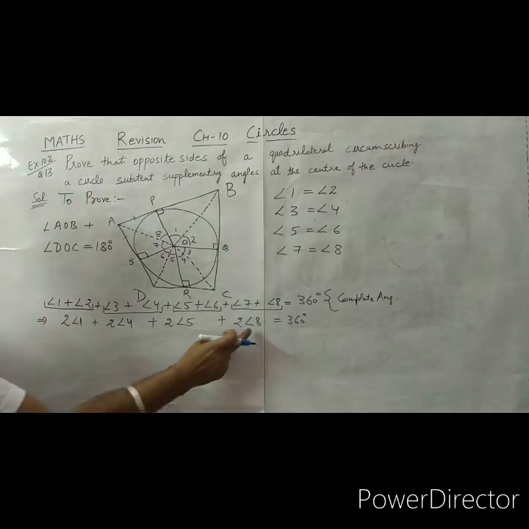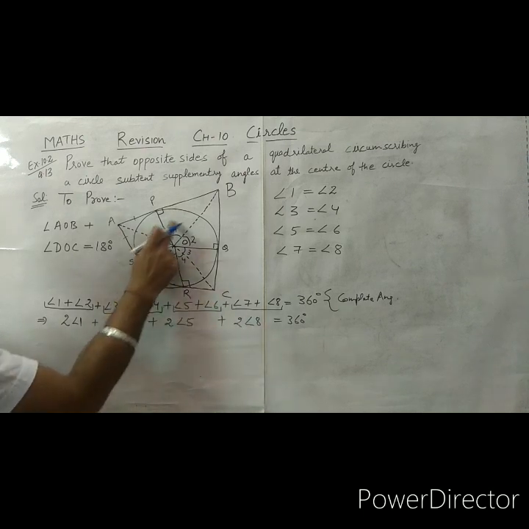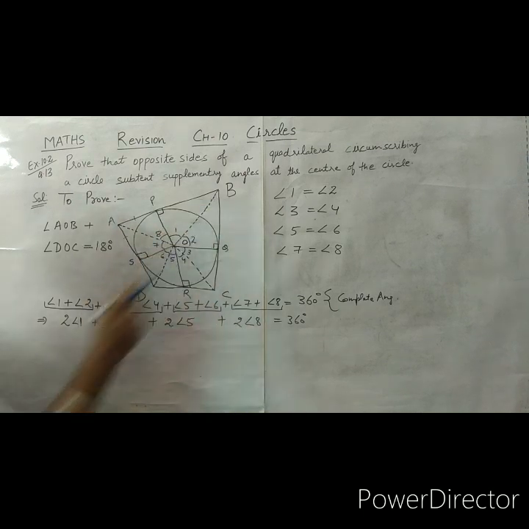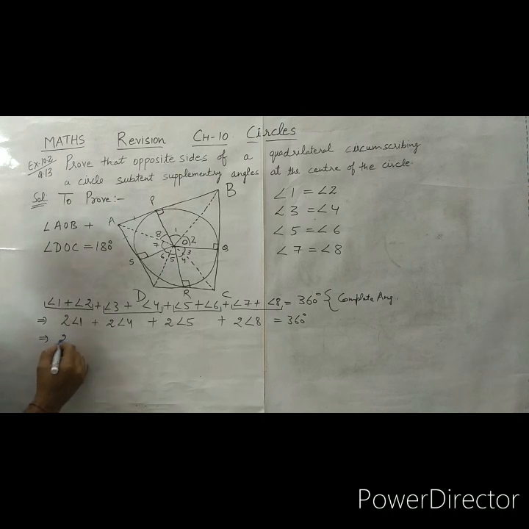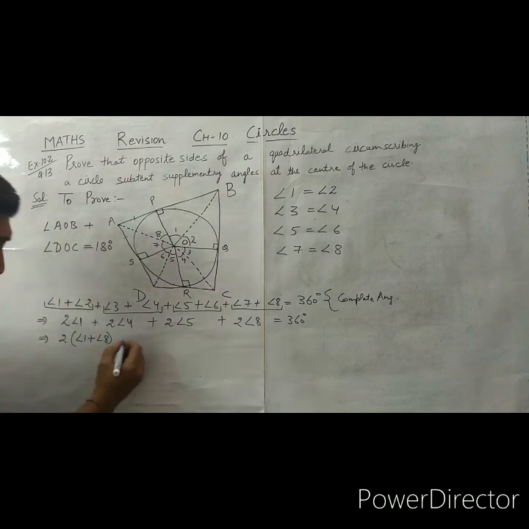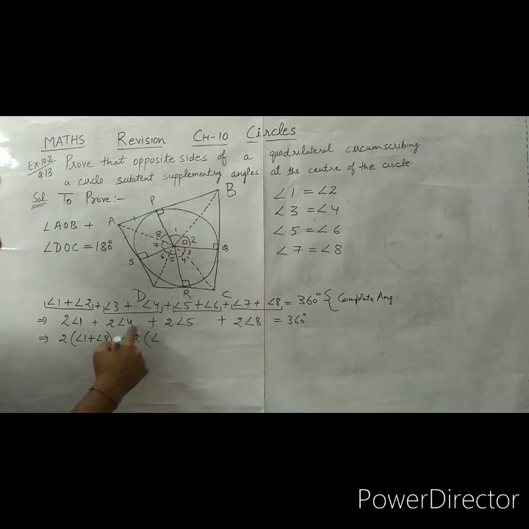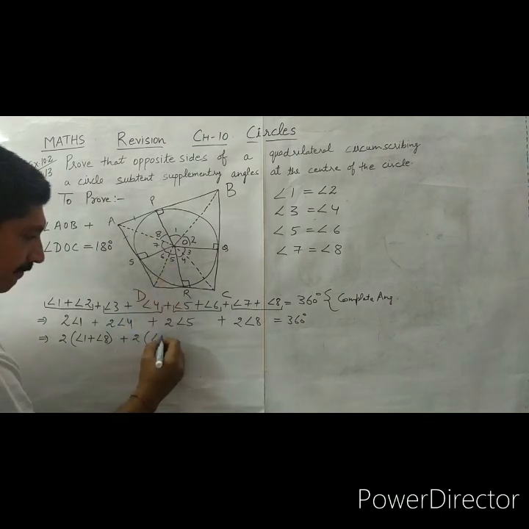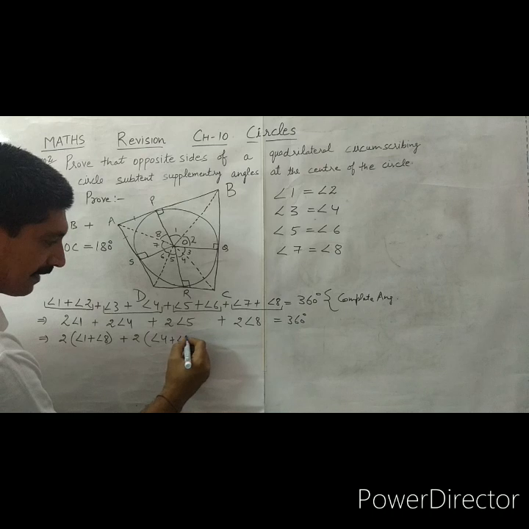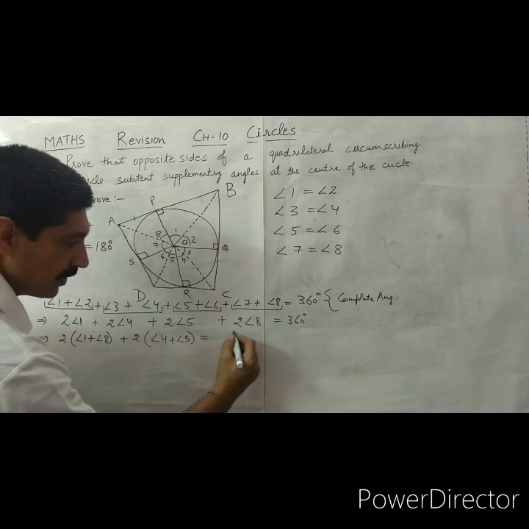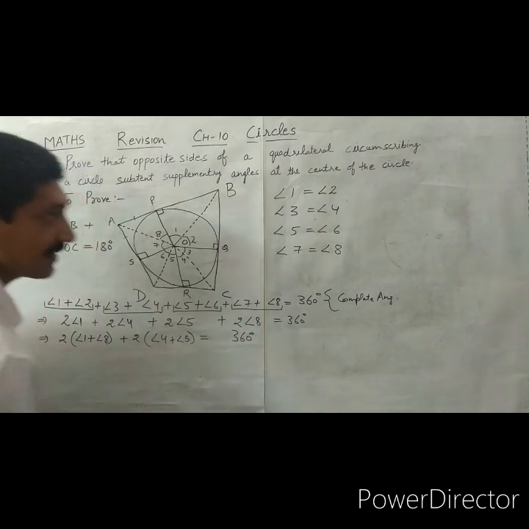Now angle 8 and 1 is angle AOB. So here twice of angle 1 plus angle 8 plus twice of angle 4 and 5 plus angle 5 is equal to 360 degrees.